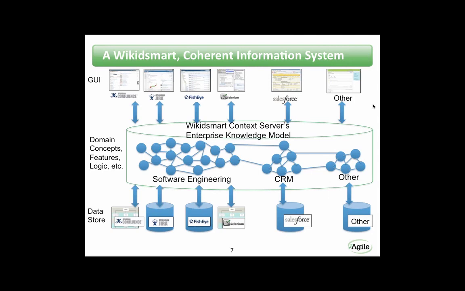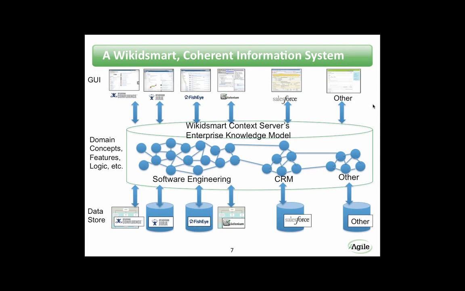Therefore, if you look on the upper left and take a tool, for example, JIRA and issues. Now that we've got JIRA connected to this knowledge graph, issues in JIRA can be instantly recognized within, say, an application on the right up there, Salesforce. And so what happens is this knowledge model says, aha, you're an issue. I know that you're related to an account because accounts have issues related to them.